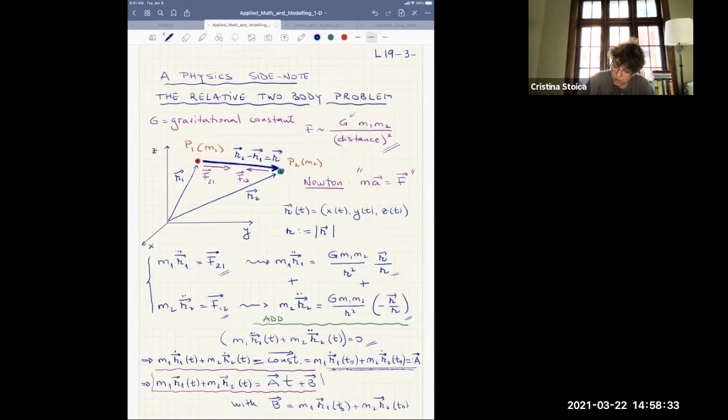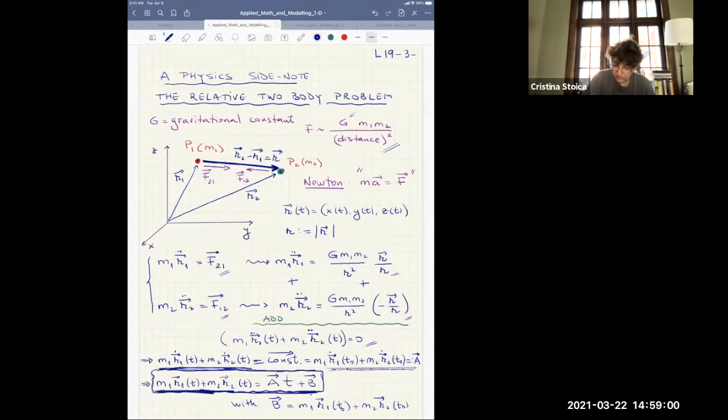Now I can integrate once more, take the antiderivative once more, and we end up with this quantity, which is nothing else but the center of mass without all the mass under it. It's almost like the center of mass moves on a line with constant velocity.